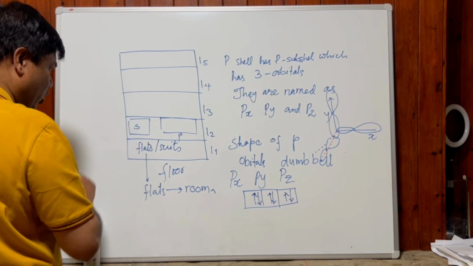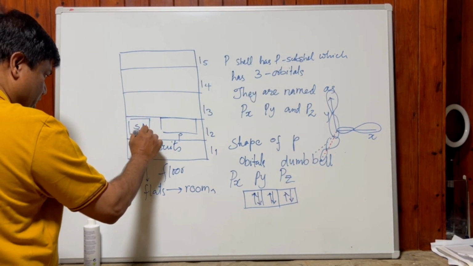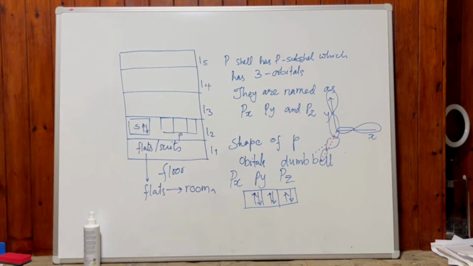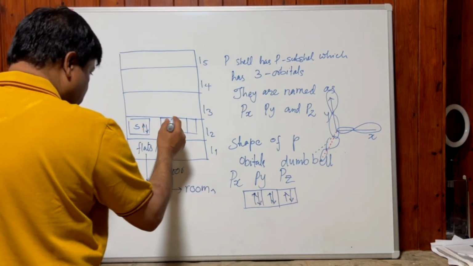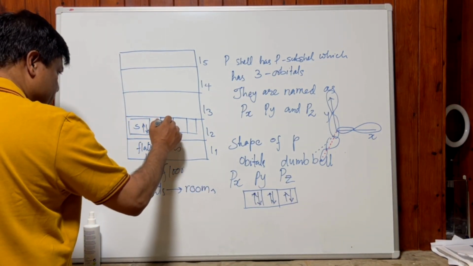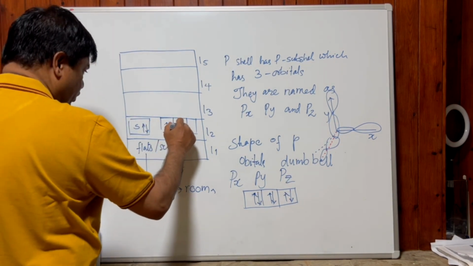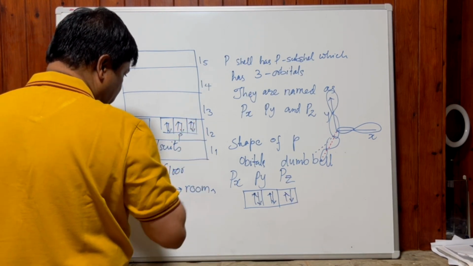It has only 1 orbital, and we can fill a maximum of 2 electrons. The P has 3 rooms. And in each room some persons are present. 1 room for the parents, 1 room for 2 sons, 1 room for 2 daughters, like that.